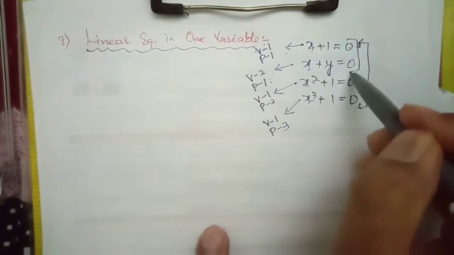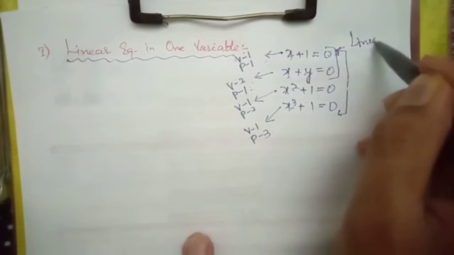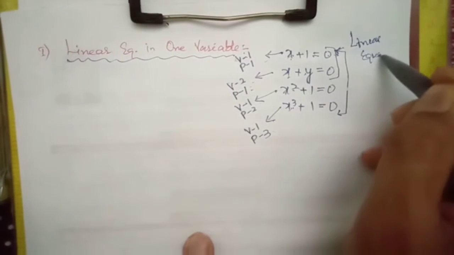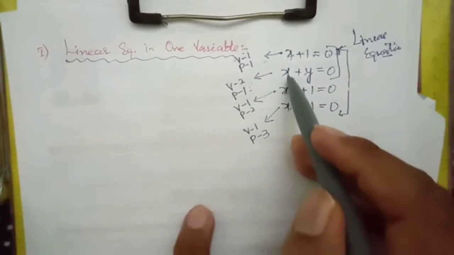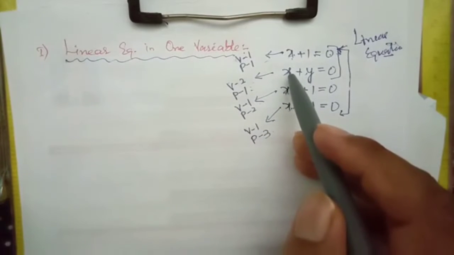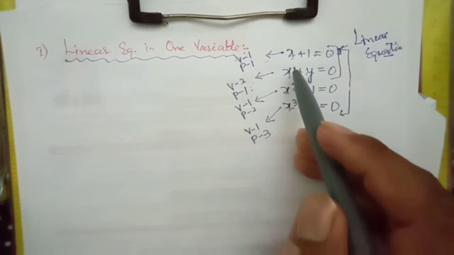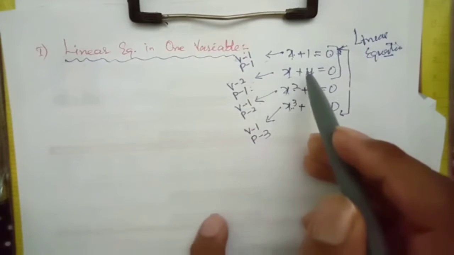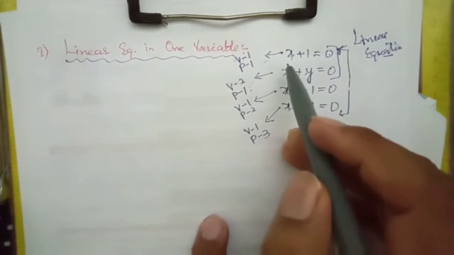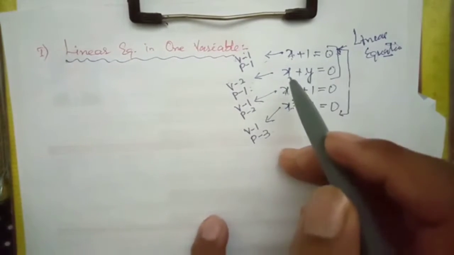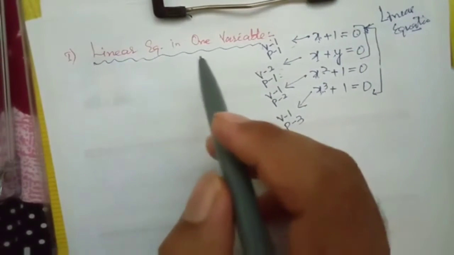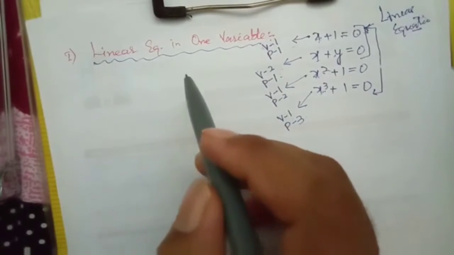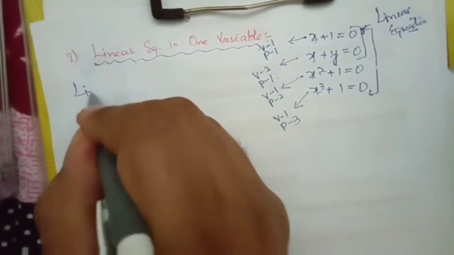These two equations are the linear equations. Why are they linear equations? Because in each term the power of the variable is 1. It means they are linear equations. So try to understand: a linear equation is an equation in which the power of the variable is 1.